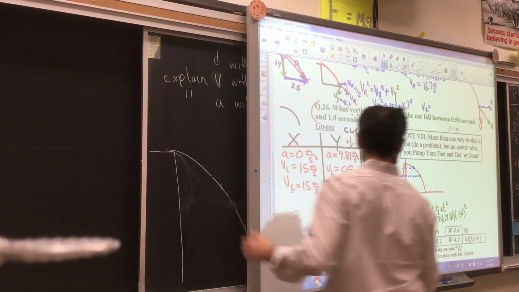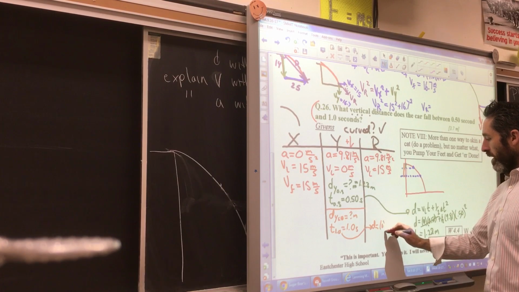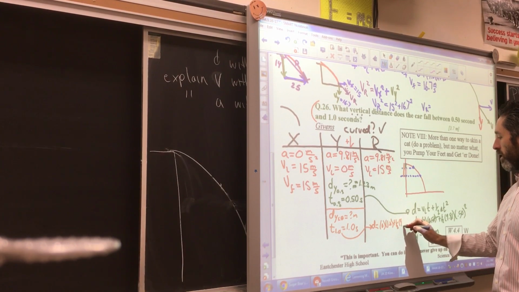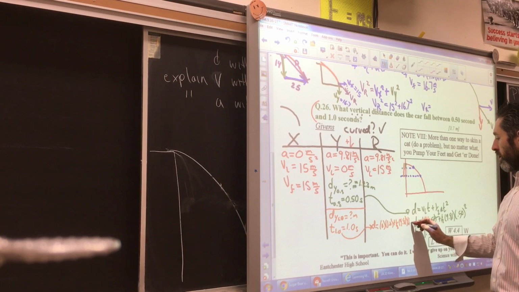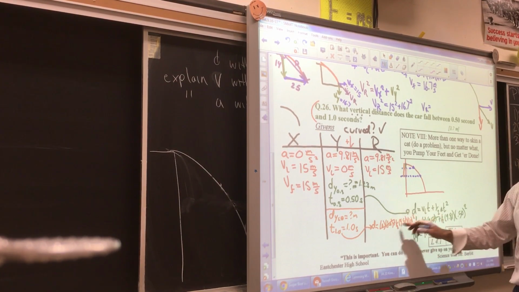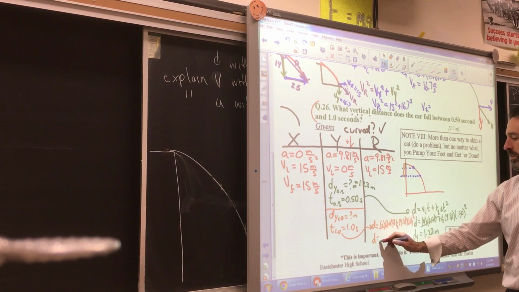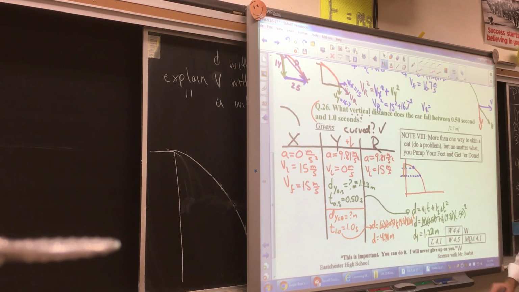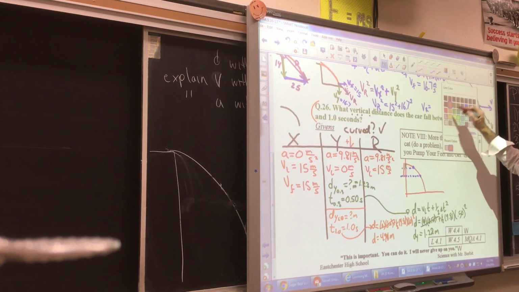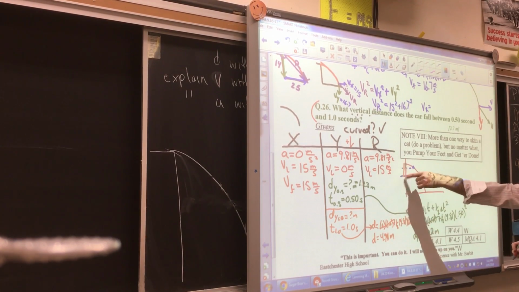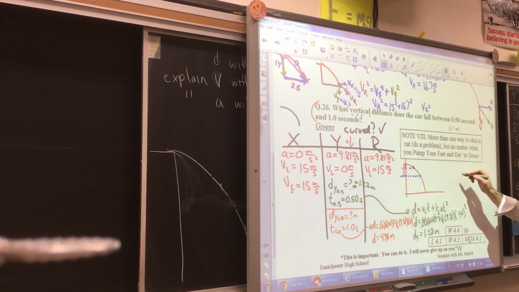I'll run straight to the substituted: VI t plus 1/2 a t squared. Pete, I don't need you for this one because 1 squared is 1. 1/2 of 9.81 is 4.91 meters, roughly. And so finally, to find the pink, you're actually subtracting the full 1 second minus the 1/2 second.